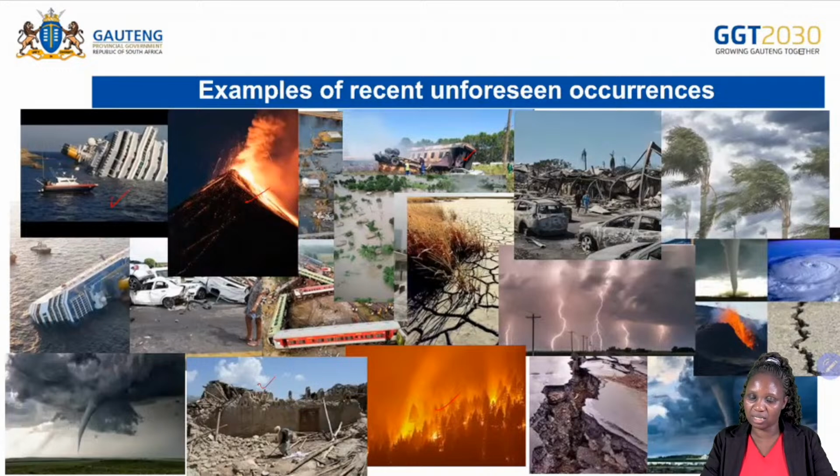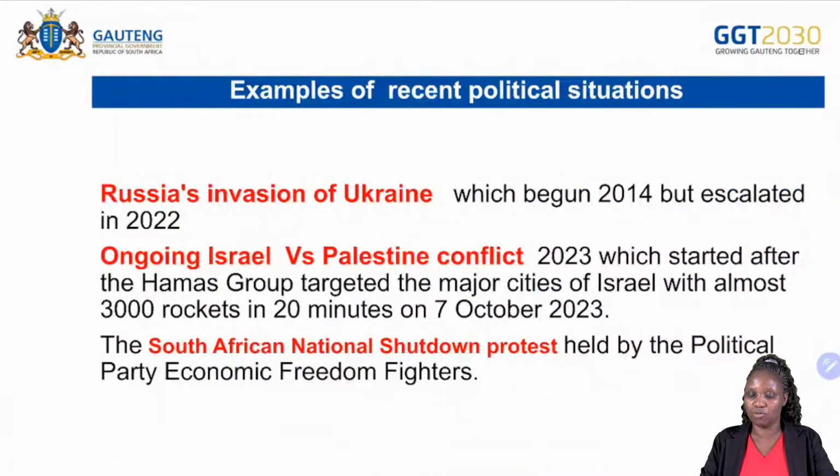Look at this animal. It is dead here because of droughts. Okay, there is no vegetation at all. It cannot eat anything. All these are examples of unforeseen occurrences. And as a result, they destroy the environment. They kill people. They kill animals. All right. Let's move on.